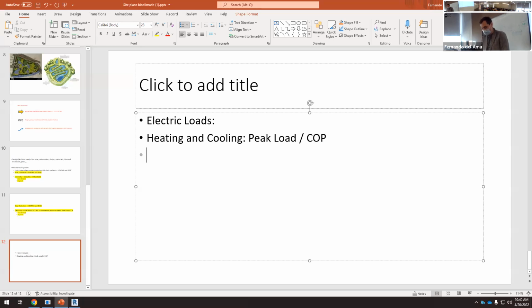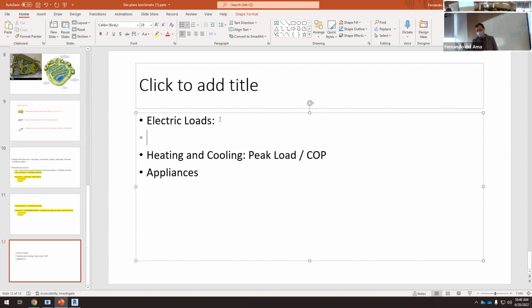And then we have appliances. If a computer consumes 200 watts, it's 200 watts. I don't have to divide this by anything. Okay, but these are the electric loads that I need to consider, everything that is related to appliances, I mean a lamp, computers, refrigerators, microwaves, whatever.